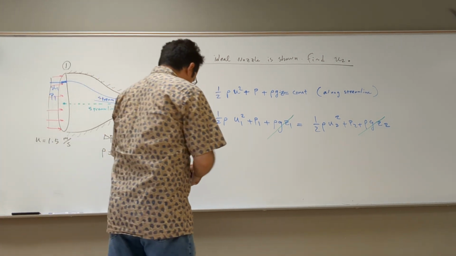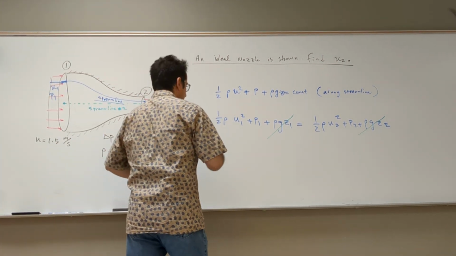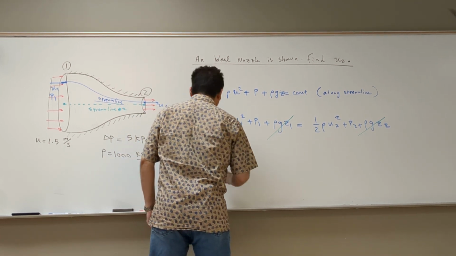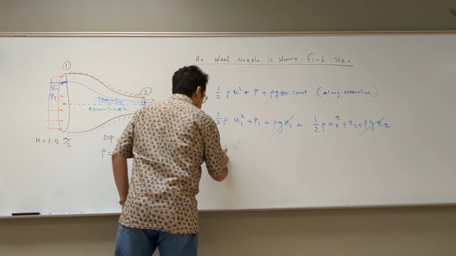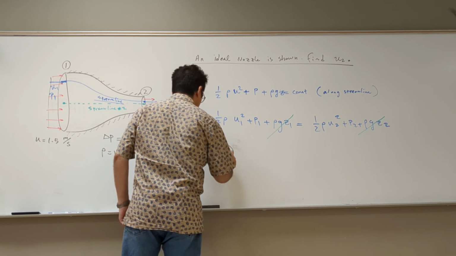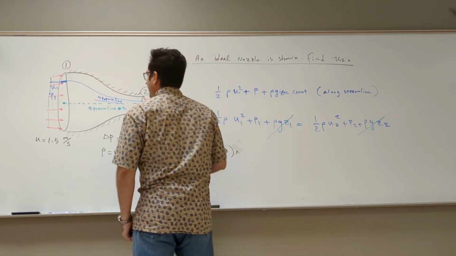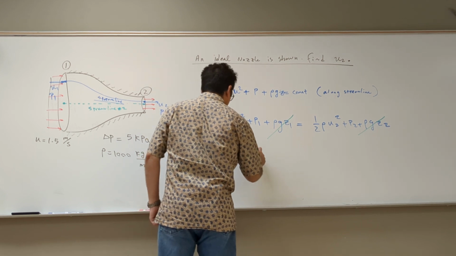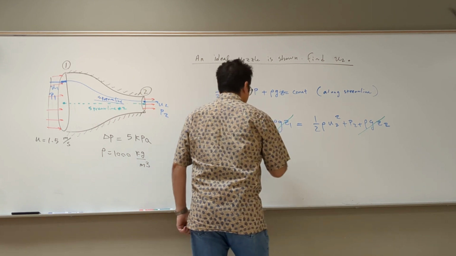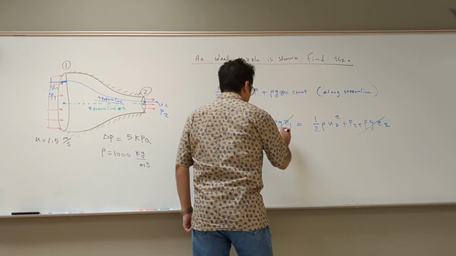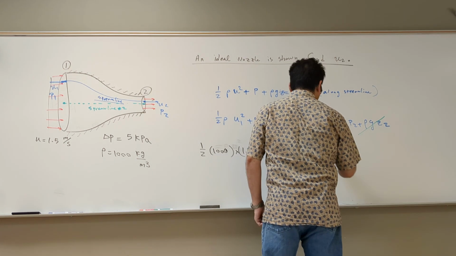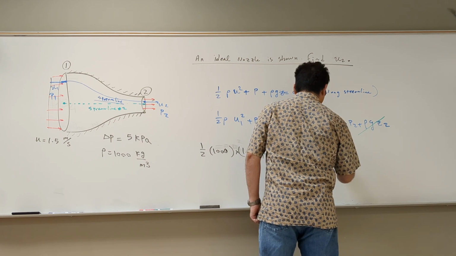So I get 1/2 rho u1 squared, and let's plug in numbers here. So I have 1/2 rho, which is 1000, times u1, which is 1.5 squared, plus p1. I don't have p1, so I just write it equal to 1/2 of 1000 times u2 squared.